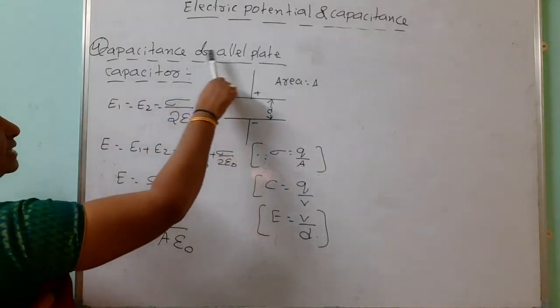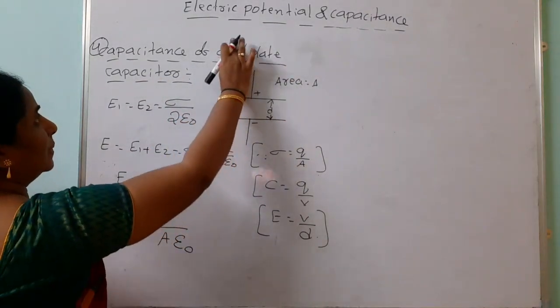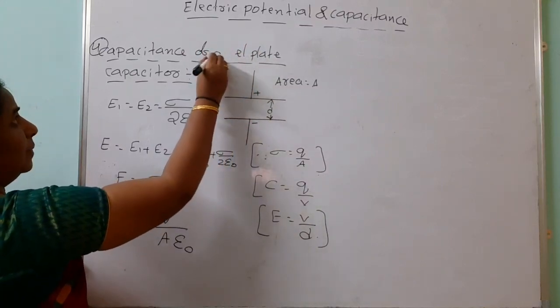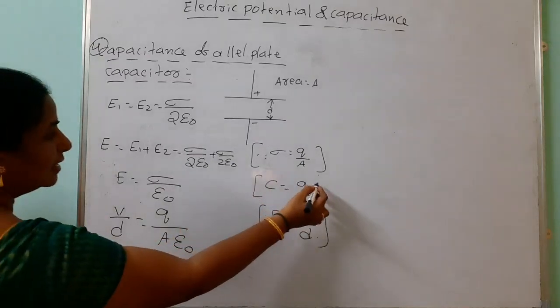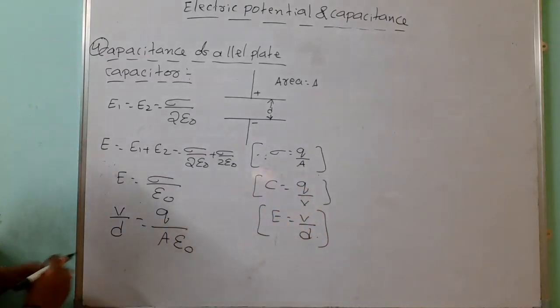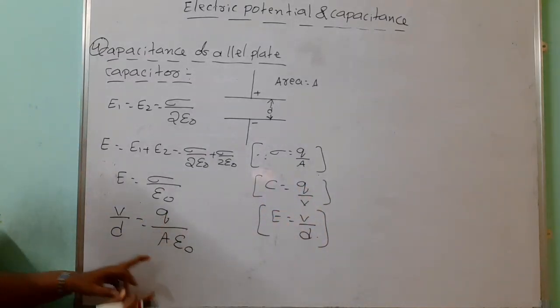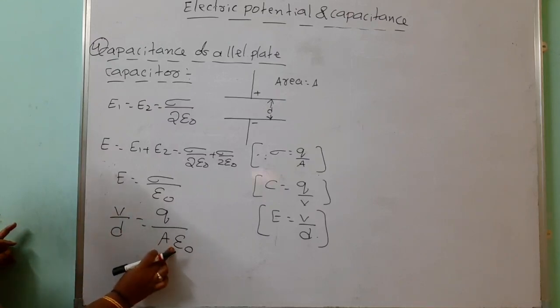But our question is the capacitance of a parallel plate capacitor. So capacitance, what is the formula? C equals Q by V. So on one side we are getting the expression for Q by V. Look here, I am doing the cross multiplication.